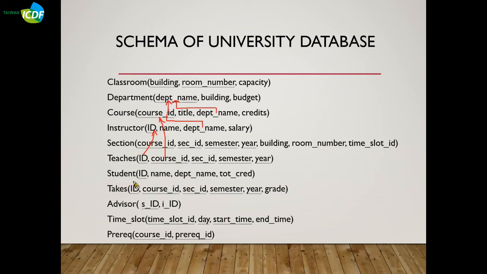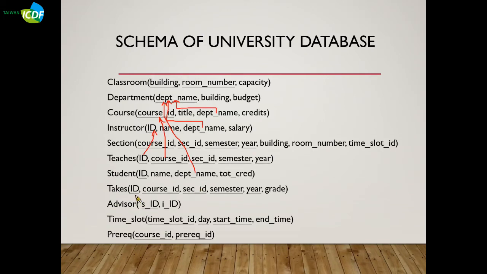And the student table, we can examine the non-key attributes and find out department name is the primary key of the department, so here is also a foreign key. The takes table mainly describes the situation of which students study which course.